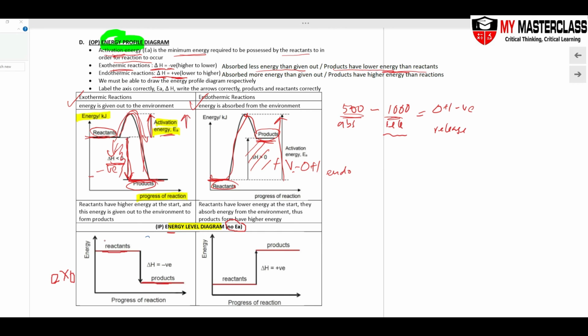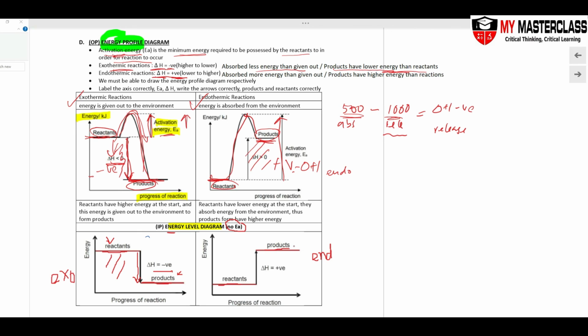Okay, so same thing, write my reactants here, my products here, right? And same thing over on this part, the delta H is a negative value because it's at the lower end. Okay, and then the delta H is from reactants to product, draw a downward arrow, and it is a negative value. In my endothermic reaction, energy is being absorbed, so the products will have high energy level, higher than the reactants.